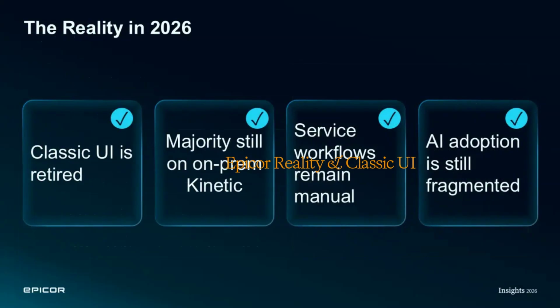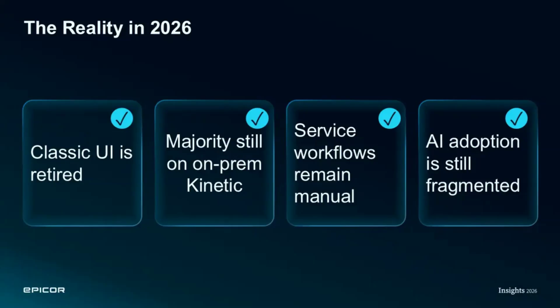The reality of 2026. What are the common things you have heard here? Classic UI is the topic, and you have heard it from everyone. Those who are on-premise are at a place where you have to think: is it going to cloud, or can I stick around and wait for what everyone has to say?